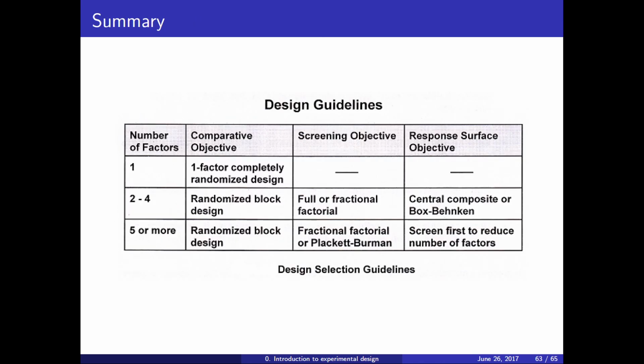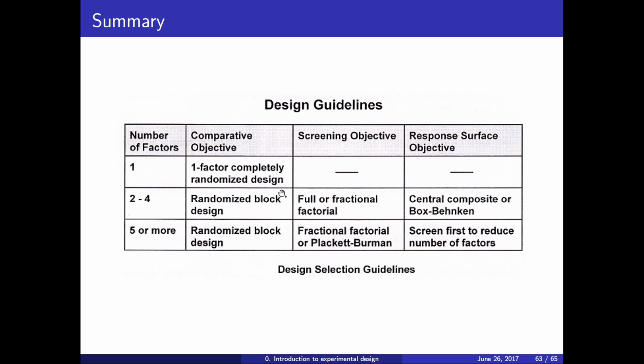So in summary, not all the experiments have to be done in the same way. Depending on the number of factors and your objective, you may want to use some designs. If you want to compare different groups, then randomized block designs or completely randomized designs are good.